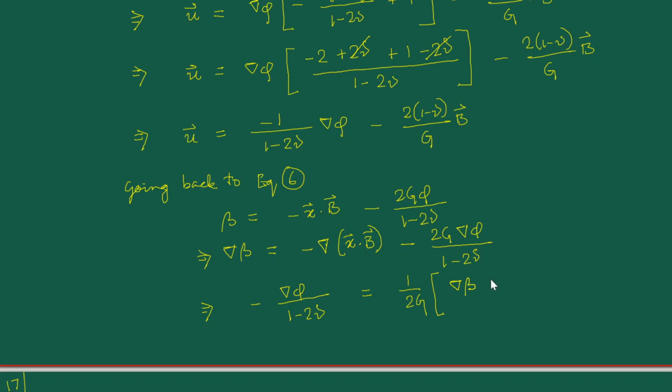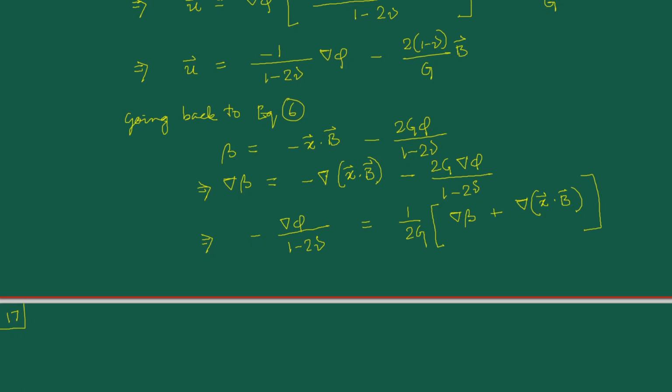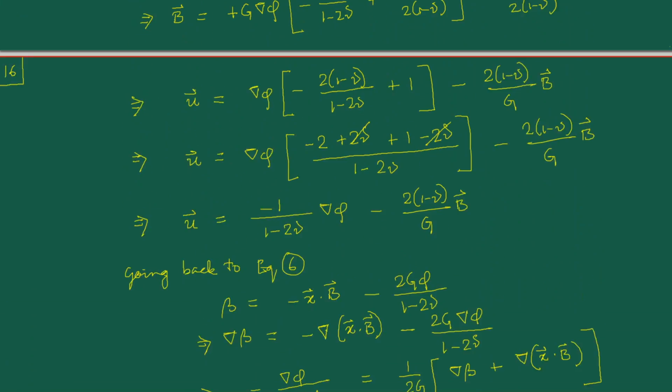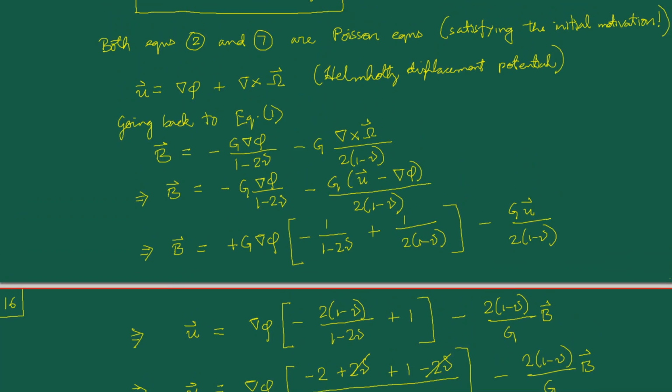Gradient of beta plus gradient of x vector dotted with b vector. So this entire thing I can substitute by this. So let me number this equation also.